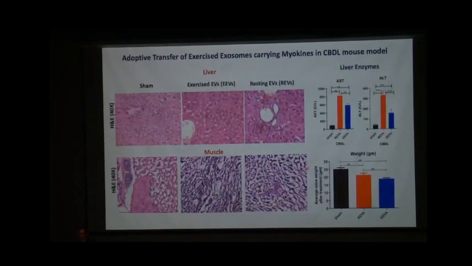Interestingly, after giving the resting EVs and the exercised EVs, the liver enzymes, the blue bar being the exercised EV, declined after 2 weeks of injections of exercised EV, and their liver pathology improved. Muscle mass did not show much difference, but we found a betterment in the liver enzymes. The whole liver and the body weight showed a decline.